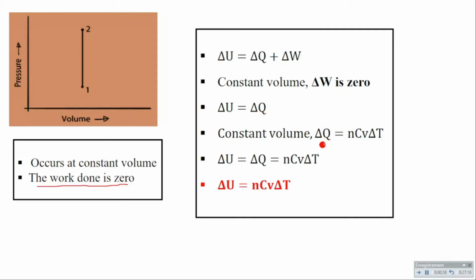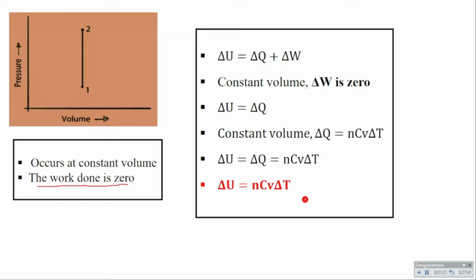So dQ is equal to nCv dT. Here we need to use the heat capacity at constant volume. That means dU is equal to dQ is equal to nCv dT. So for the isobaric process, internal energy is equal to nCv dT. For the isochoric process, internal energy is equal to nCv dT.